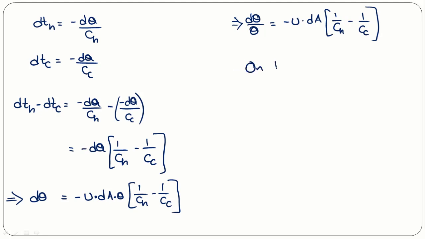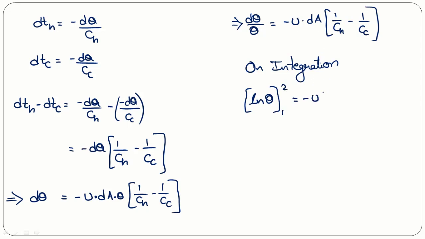On integration of this one, we get ln theta within the limits 1 to 2. This is equal to minus integration of dA will become A into 1 by CH minus 1 by Cc.